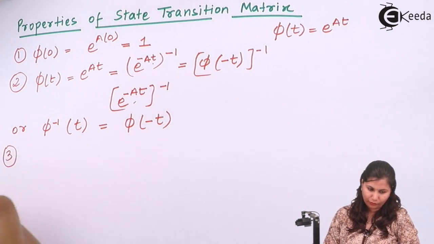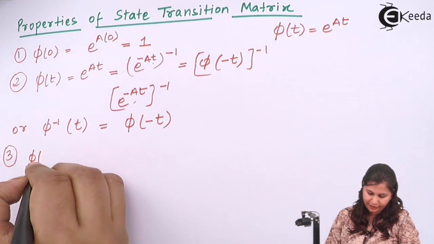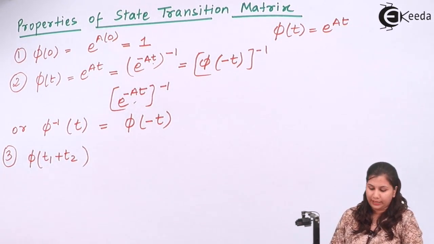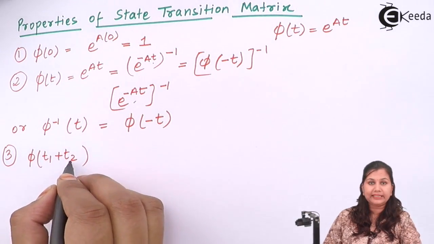The third property of the transition matrix is phi of t1 plus t2. That is, instead of t we are writing t1 plus t2.